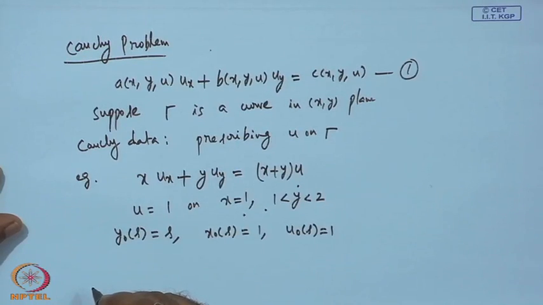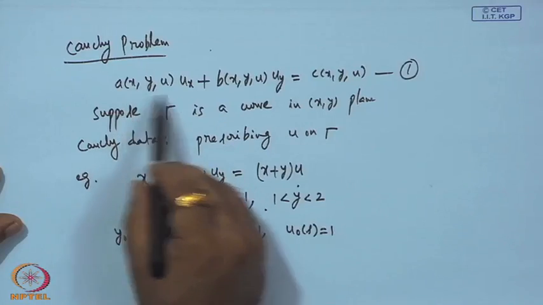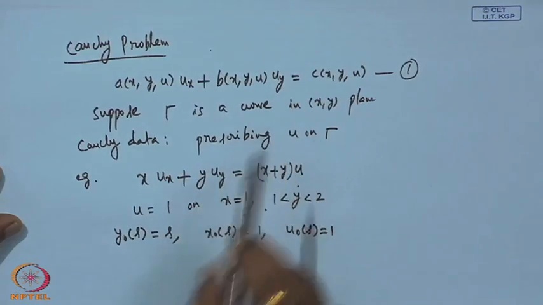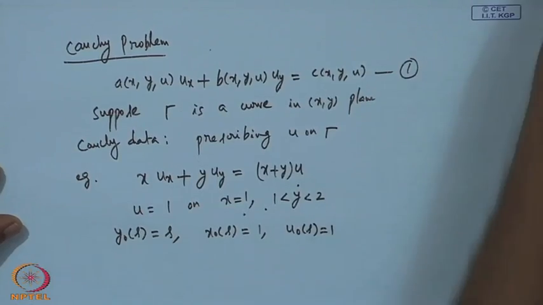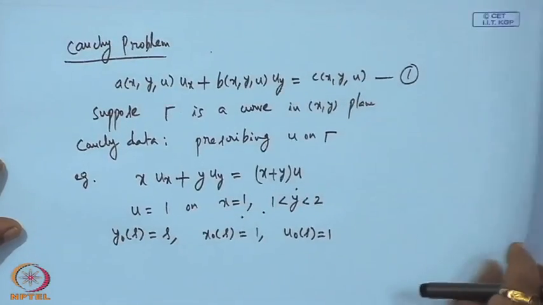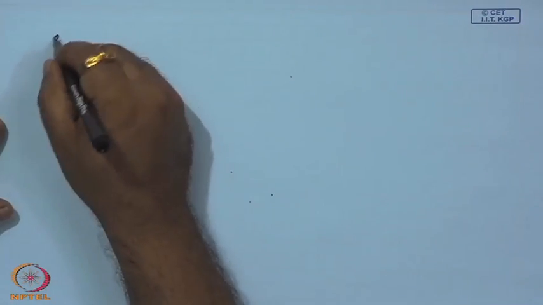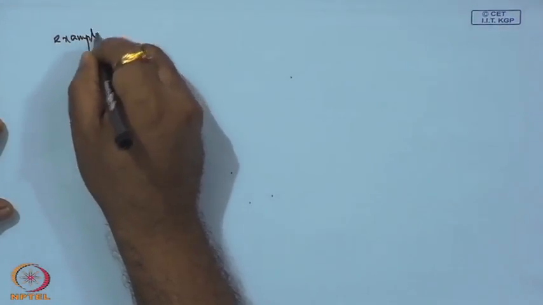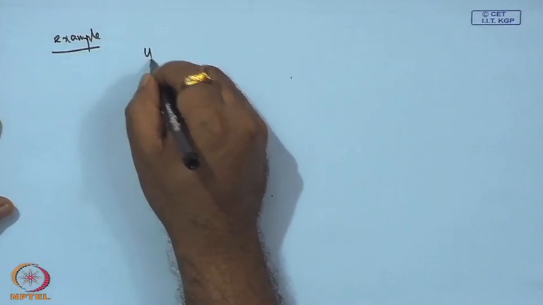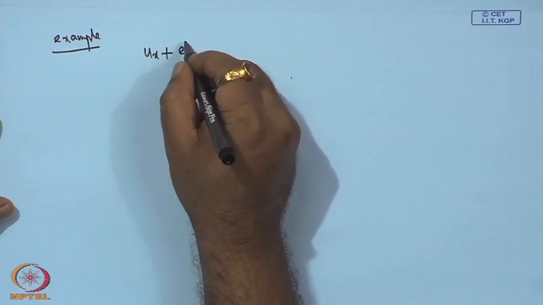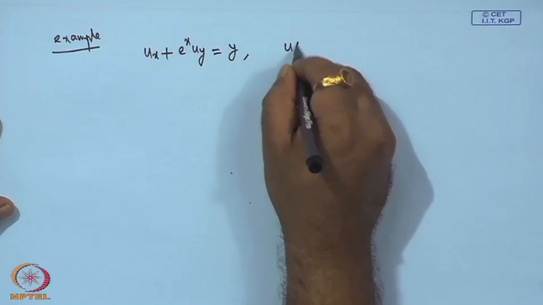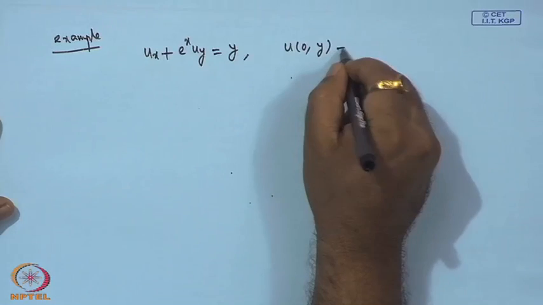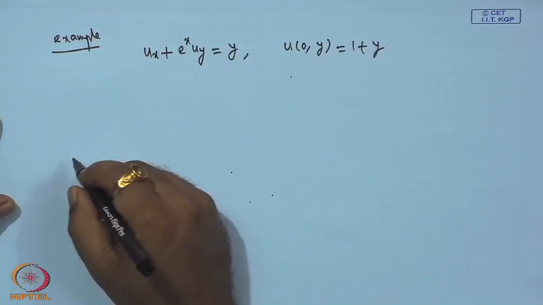So, that means we expect not only to get the solution, but the solution which passes through the initial curve. This is a kind of initial condition.